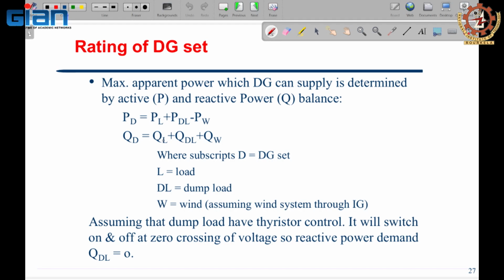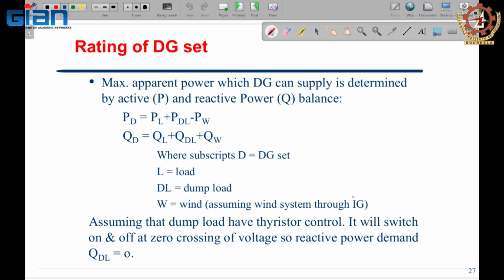Okay, wind power, whether it will be positive or negative, depends upon the type of generator. A synchronous generator can generate reactive power, but an induction generator will consume reactive power. We will talk more about that.